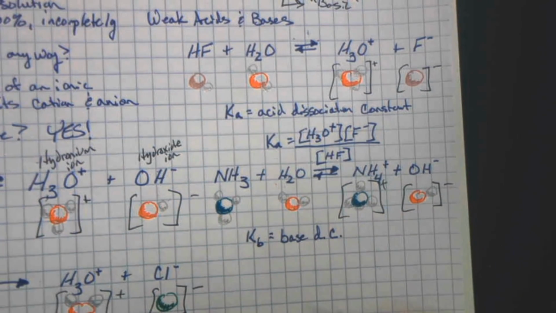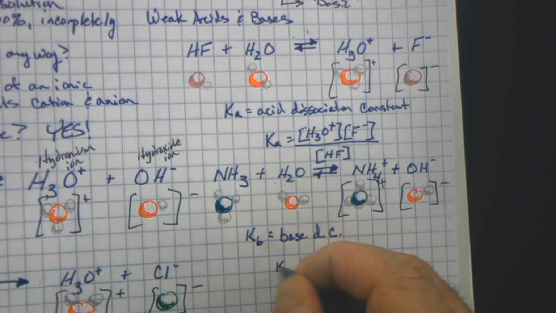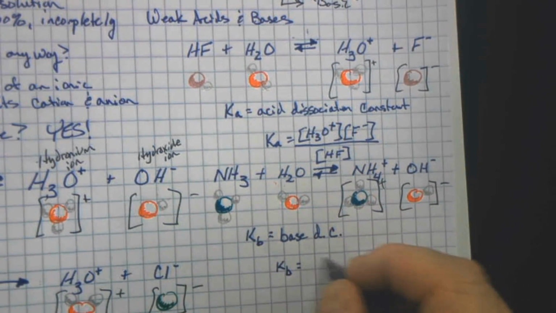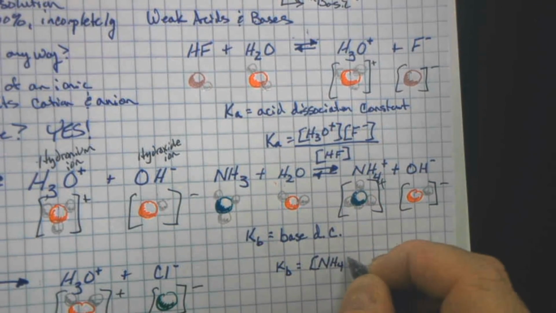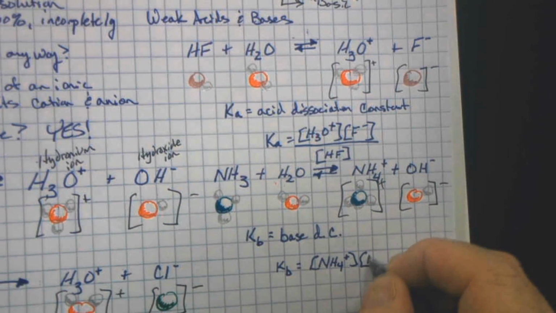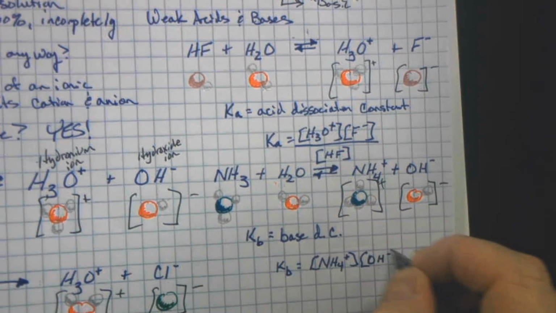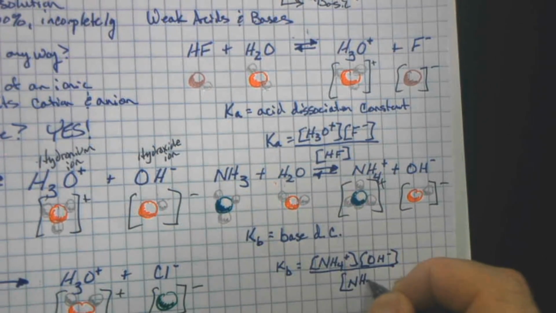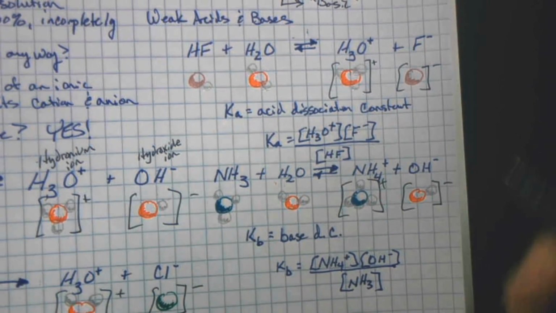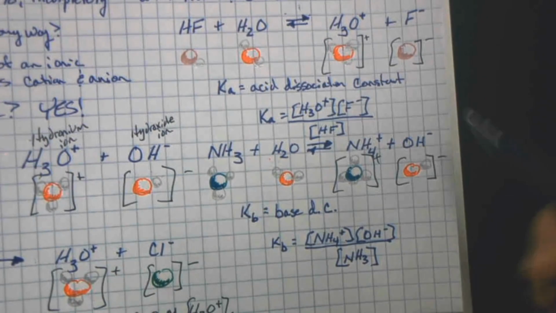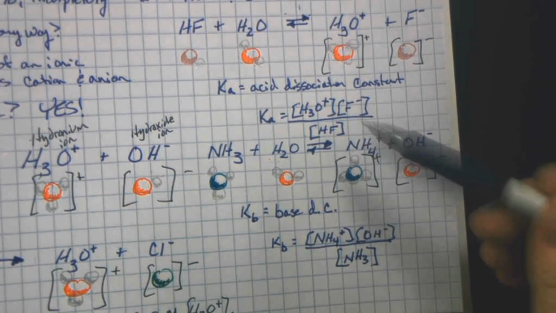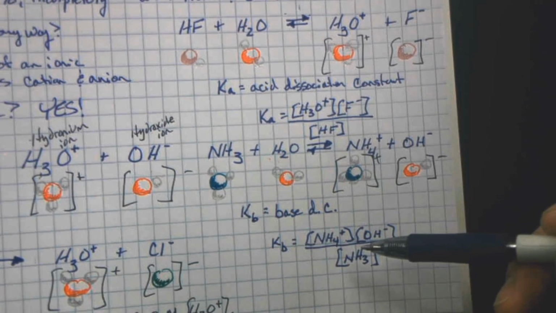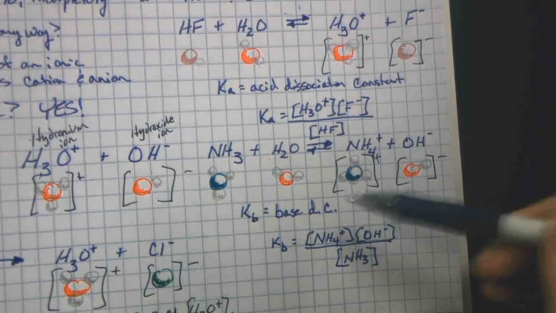And it's created the same way. Kb equals our ammonium concentration times our hydroxide concentration, all over our ammonia concentration. And these will give us the equilibrium constant.